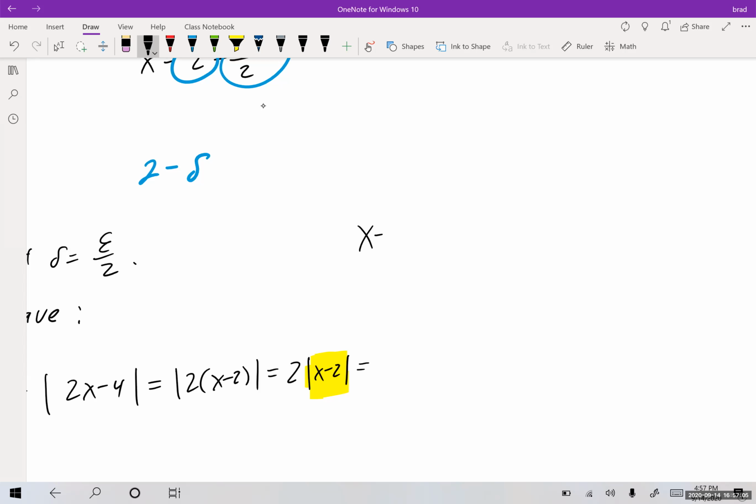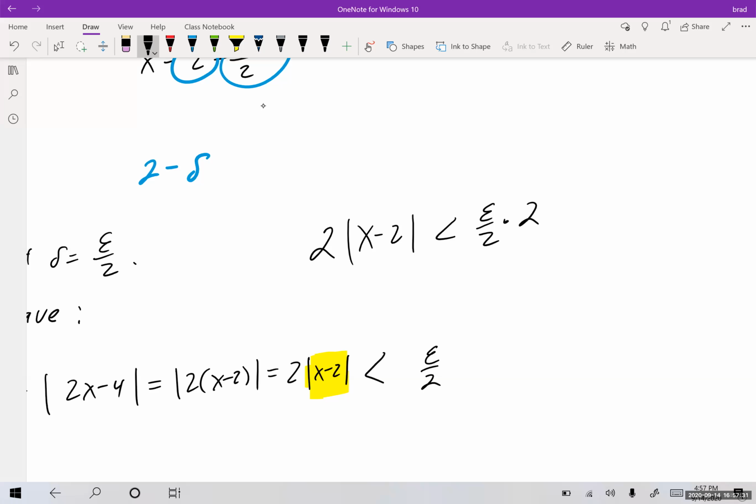I know that the absolute value of x minus 2 is less than epsilon over 2. I know that fact, right? But the problem is there's a 2 in front of that, okay? So then I have to put a 2 over here to counterbalance it, okay? So here's the thing. I'm going to say that 2 times the absolute value of x minus 2 is less than epsilon over 2.